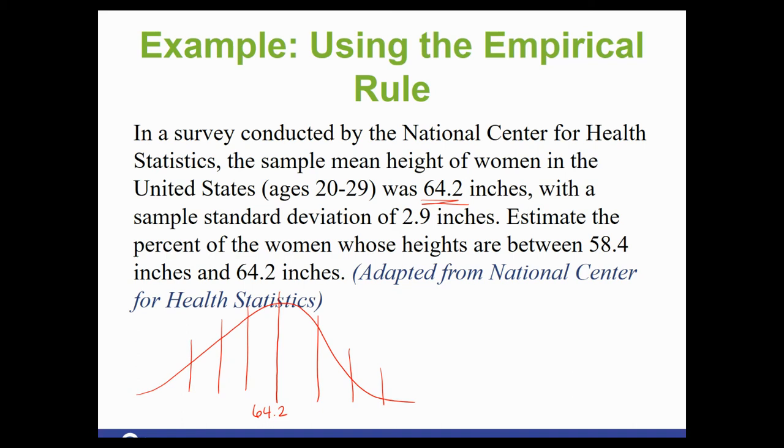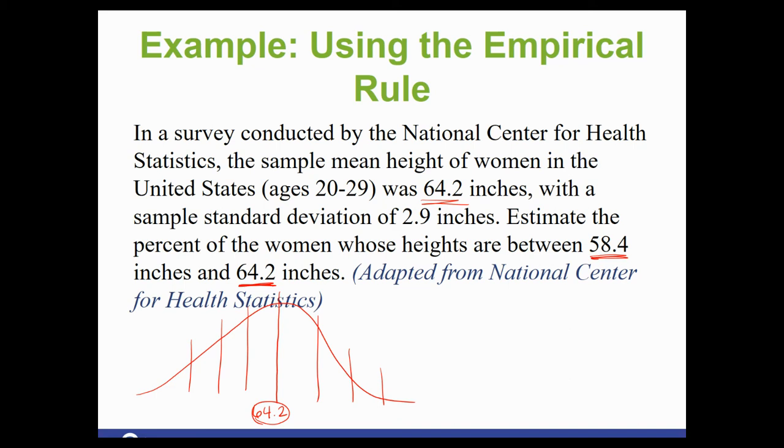But always look and see which section they want. That way you don't have to go in both directions unless you need to. So both the numbers I'm looking for, 58.4 and 64.2, are going to be to the left. It's right where we are at with our mean and something smaller.